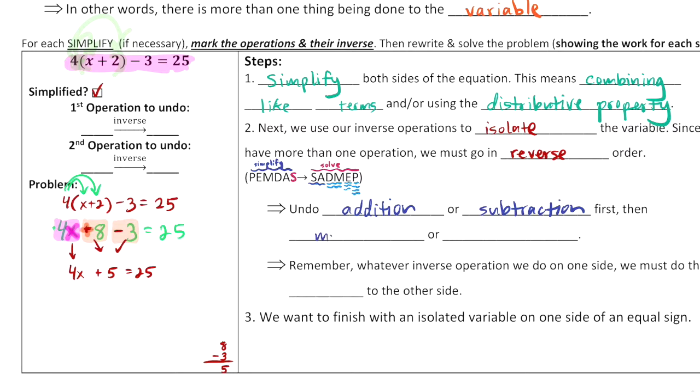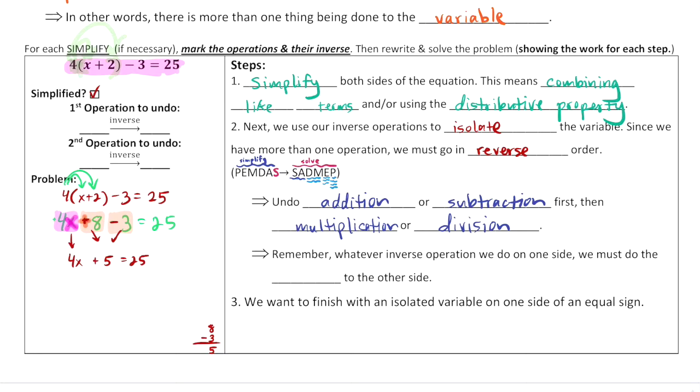Then we do anything with multiplication or division. And then we would move on, like we said, to exponents and parentheses, but we're not going to be covering that today. Now remember, whatever inverse operation does to one side, we must do the same to the other side. And then we want to finish with an isolated variable. That means a 1x or a 1y or whatever variable it is by itself.